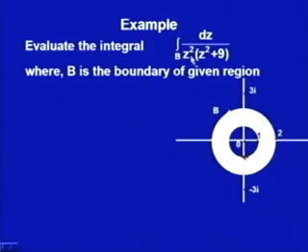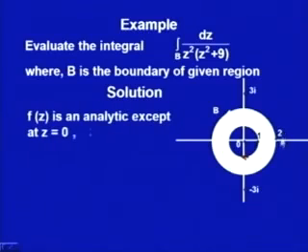The boundary is of this disk, that is the outer boundary and this inner boundary in the negative sense. So, both these points where this function is not analytic are outside this region. What we conclude is that this function is analytic except at the points 0, 3i and minus 3i, and all these 3 points are lying outside the given region.